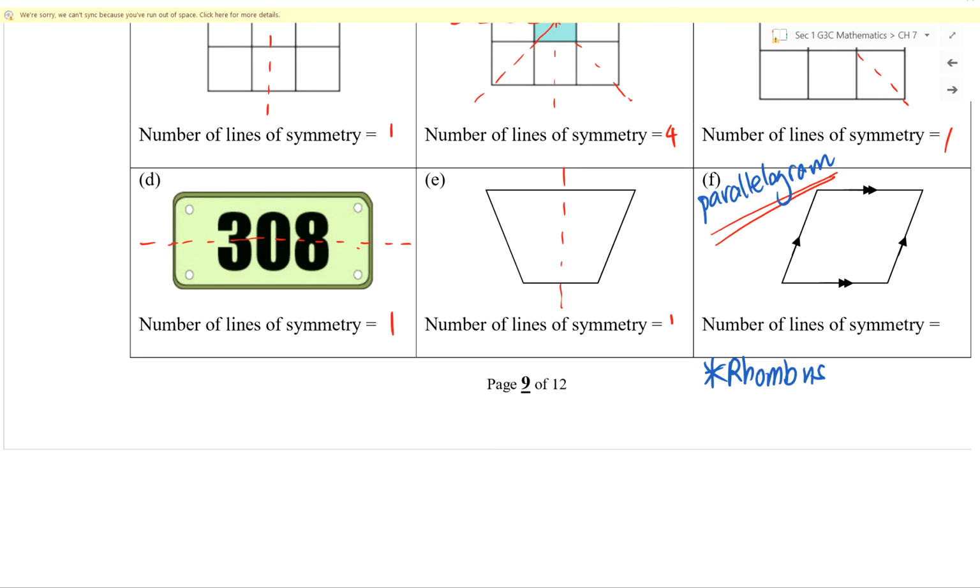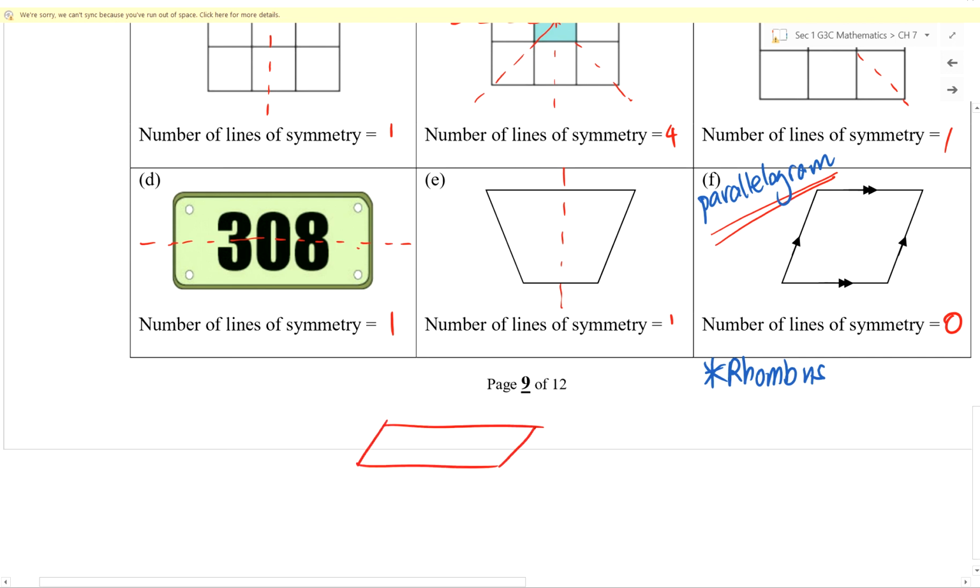Okay, let's have a show of hands. Who thinks that there are 4 lines of symmetry for the parallelogram? How about 2 lines of symmetry? How about 0? Okay, for a parallelogram, we don't have any. It is 0.